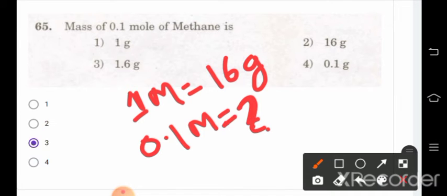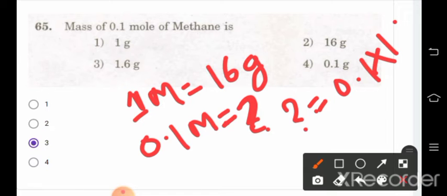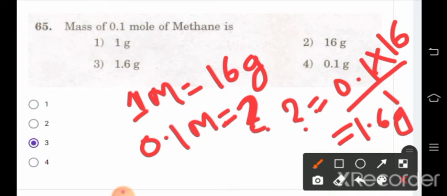The answer is 0.1 into 16 divided by 1, so it becomes 1.6 gram. So 1.6 gram is the mass of 0.1 mole of methane.